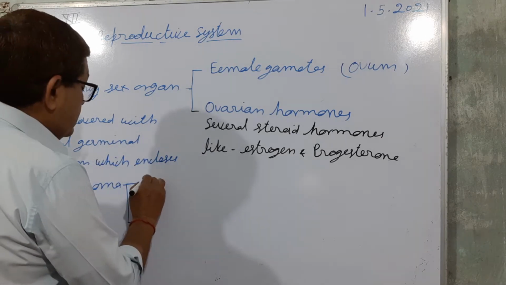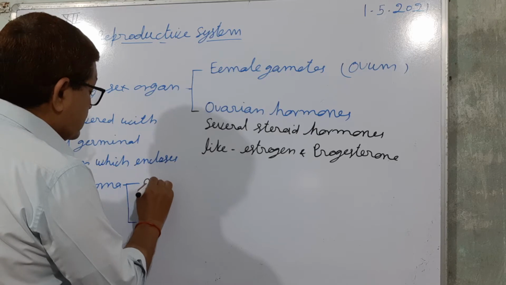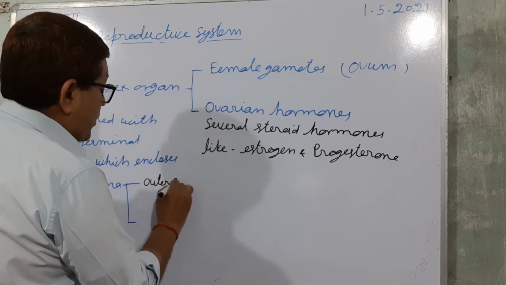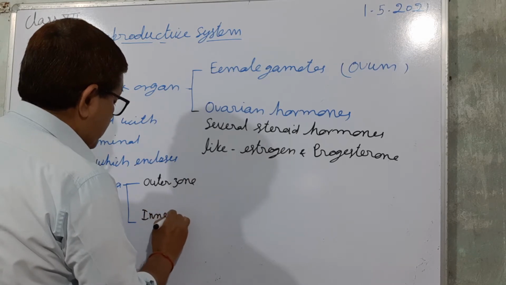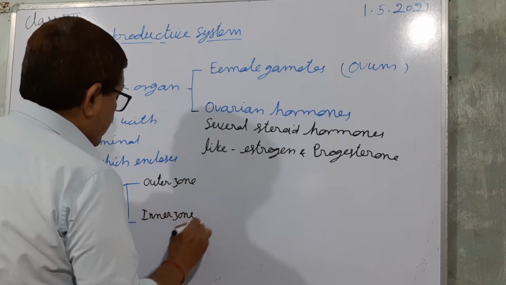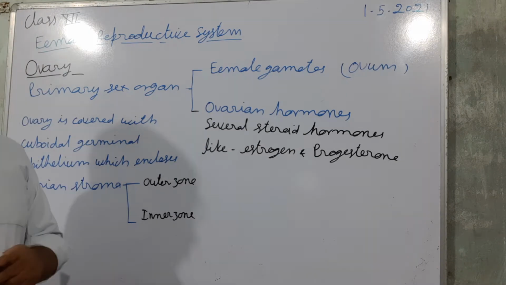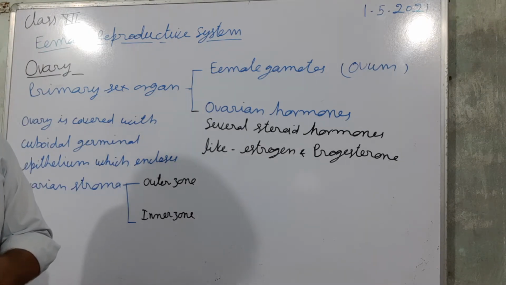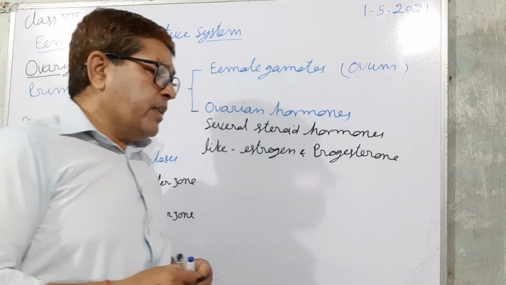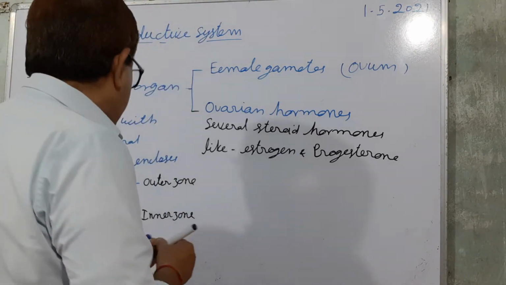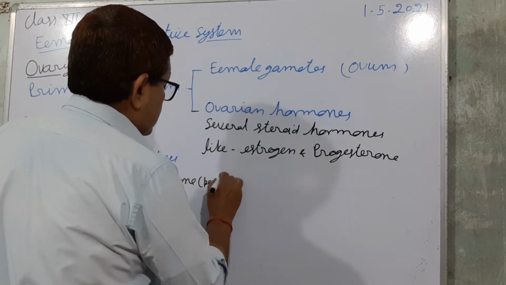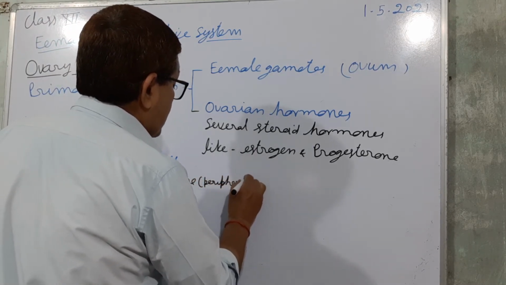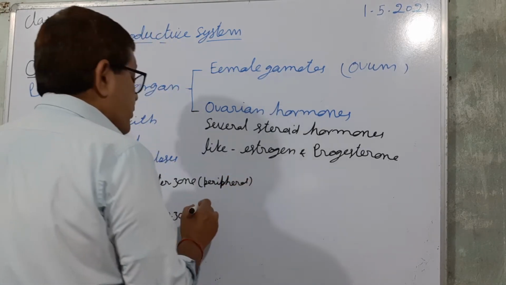One is the outer zone, the peripheral zone, and the other is the inner zone.